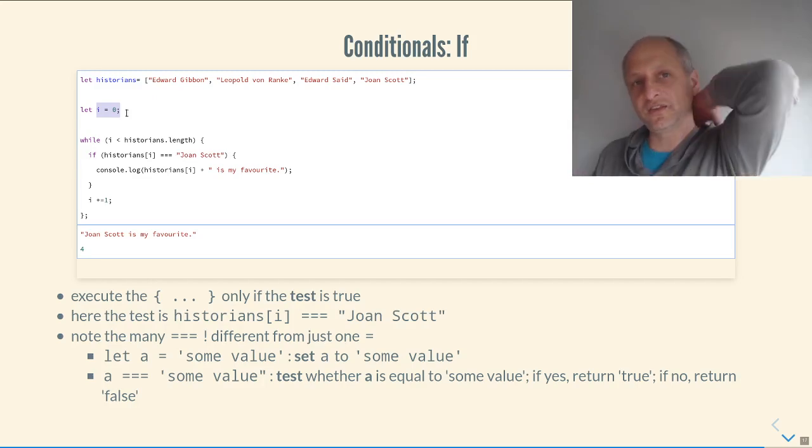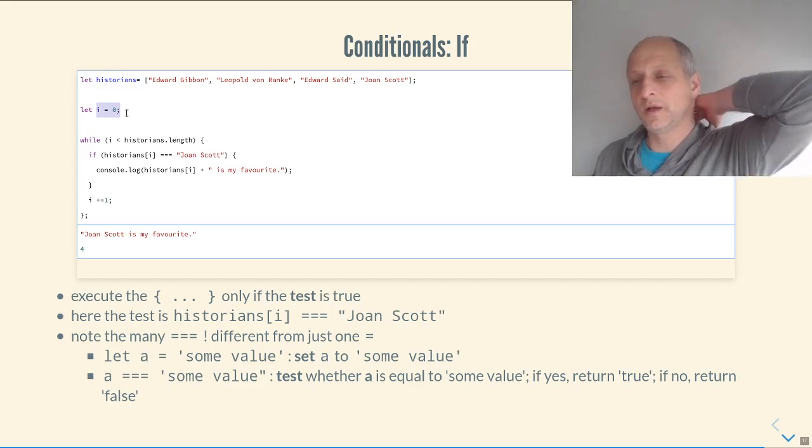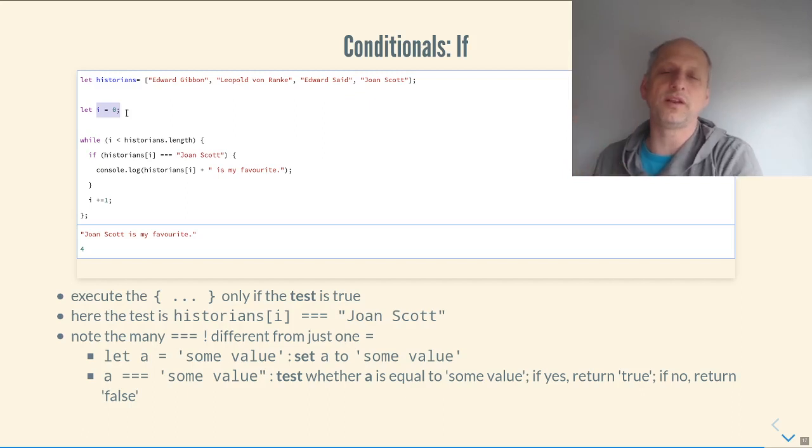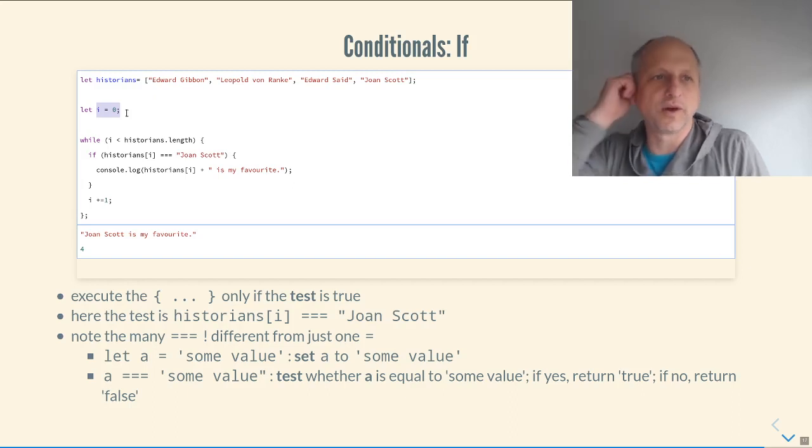So the equal sign is not symmetrical. We have a variable always on the left and a value always on the right. The triple equal sign is symmetrical, and it's much more like mathematical equality. It's asking the question, is the left side of the equation equal to the right side of the equation?